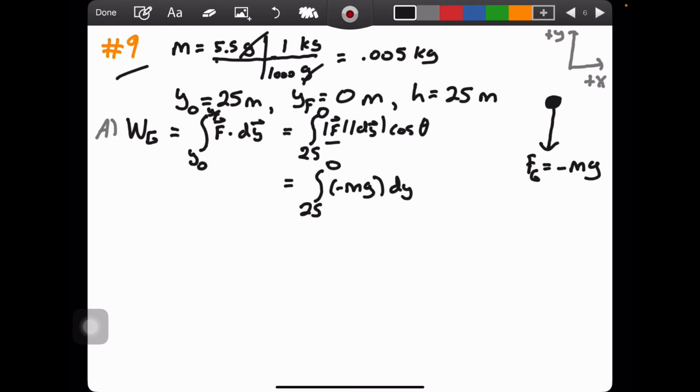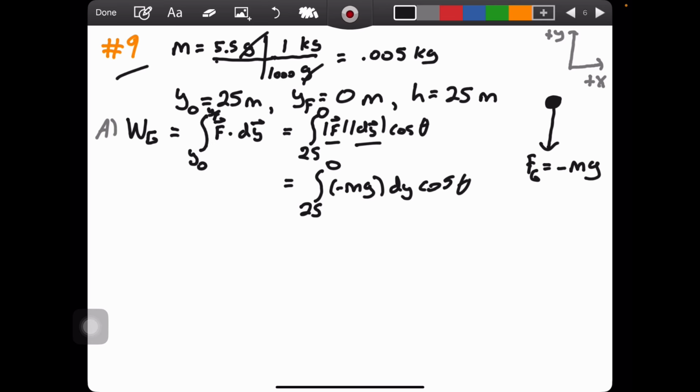This is just dy, which is just the magnitude, or you can call it the scalar of dy, which is the differential displacement vector in the vertical direction. And I still got this cosine theta term.